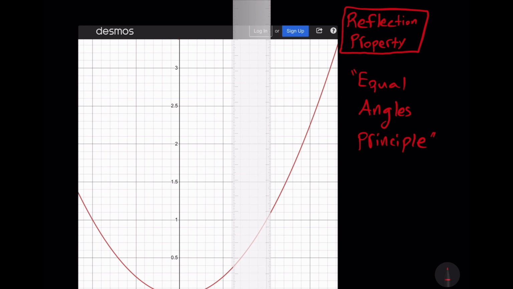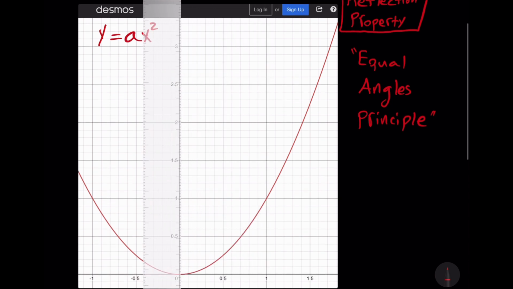So right now we have a parabola. We might imagine it is a satellite dish and it's taking in photons. Right now we have y is equal to x squared, but we can think about a more generic parabola like y is equal to ax squared. The center of axis goes right through the vertex of the parabola, and this parabola's vertex is at the origin 0, 0.